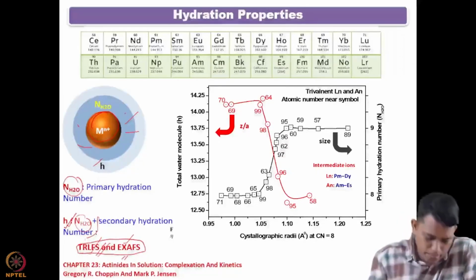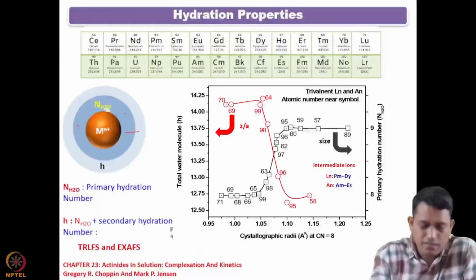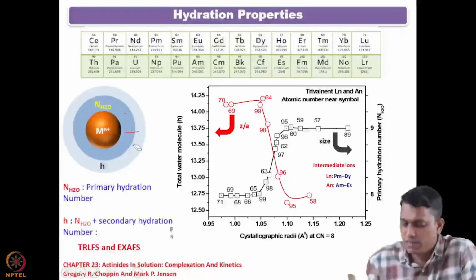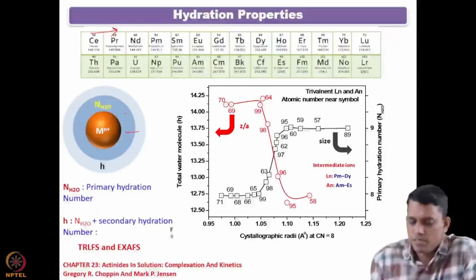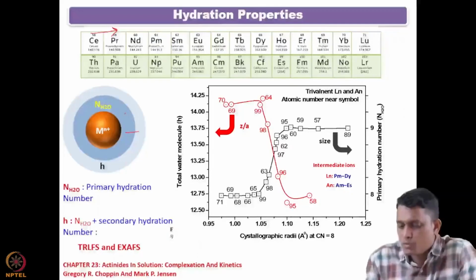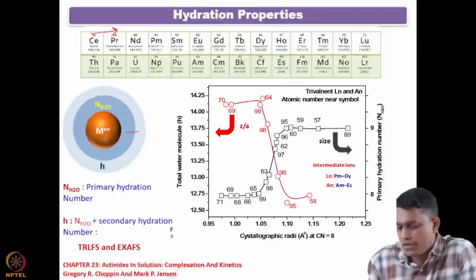So now, how are these hydration numbers changing for the trivalent metal ion? If you see the trivalent metal ion and start from this end, as shown here, the initial hydration level shows almost 9 water molecules. But the moment you go from left to right, there is a decrease, starting from 9 and settling down at 8.